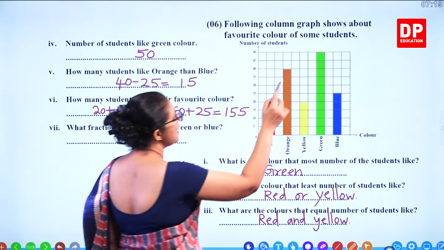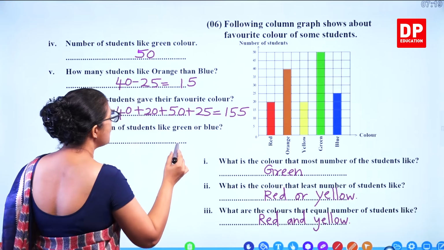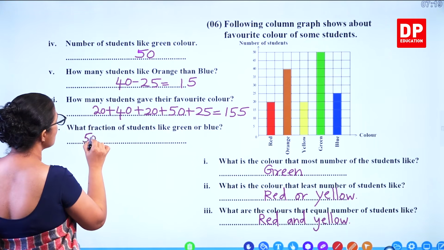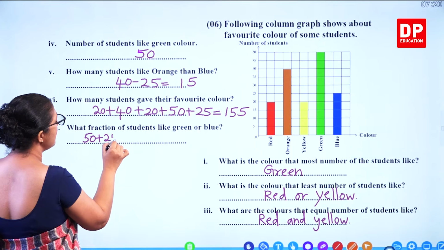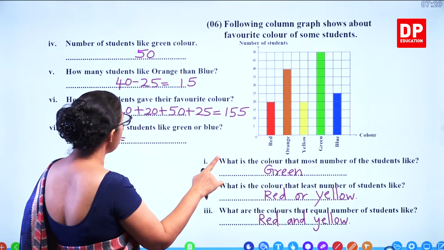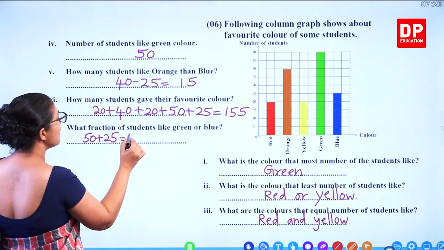What fraction of students like green or blue? Green 50, blue 25. So altogether 50 plus 25 is 75.